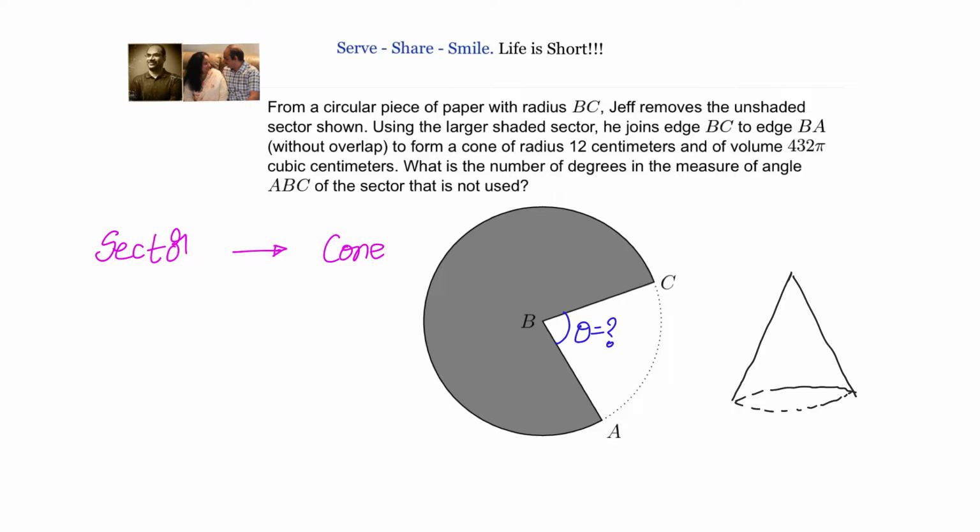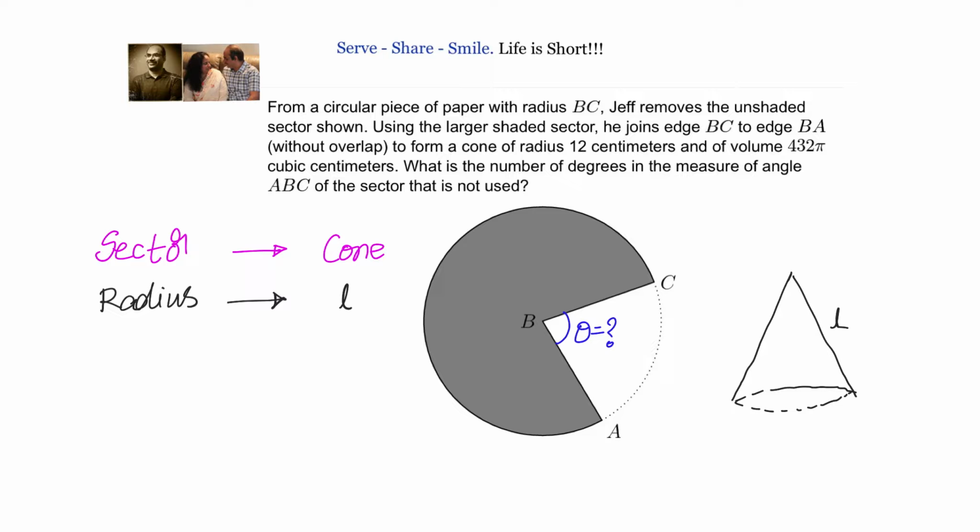Let's try to understand that. The radius of the sector will become the lateral height, or L, of the cone.